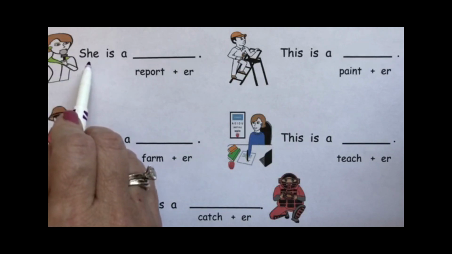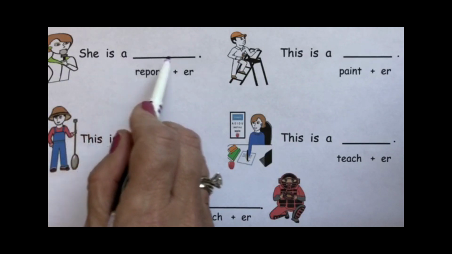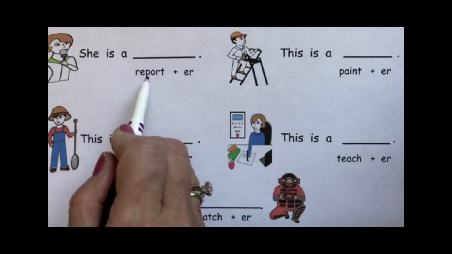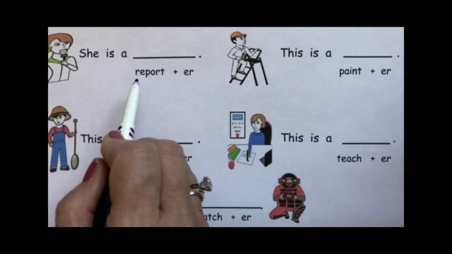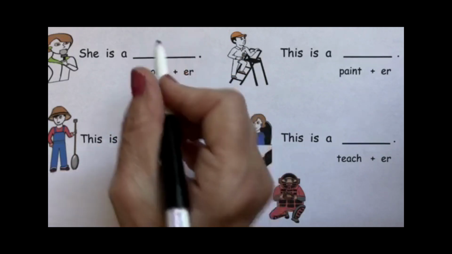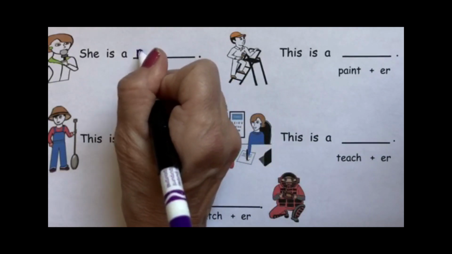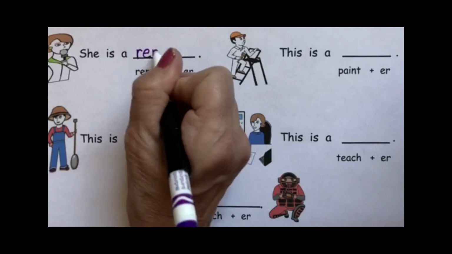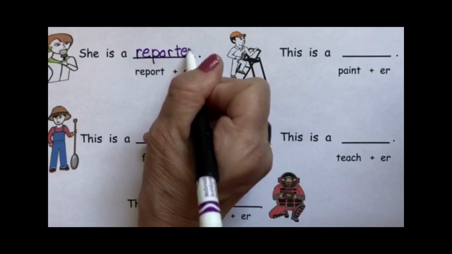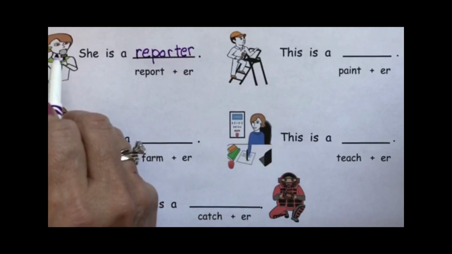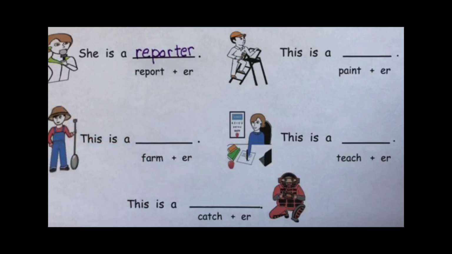And it says, she is a, then we have report plus the suffix, which would make reporter. She is a reporter, like a news reporter. And that's why she has a microphone.